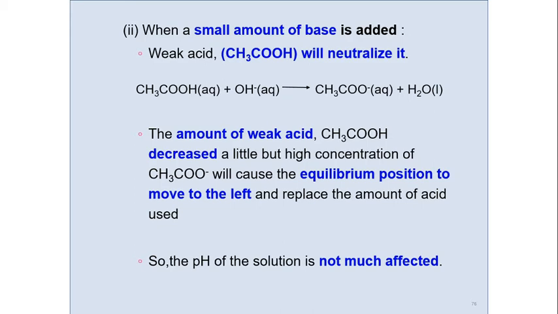Okay, so equation ni akan menyebabkan CH3COOH berkurang. Tapi kita tahu solution buffer acid ni ada high concentration of CH3COO-. Ini akan menyebabkan equilibrium position shift semula ke arah reactant and replace semula amount of CH3COOH yang digunakan. So, the pH of the solution is not much affected.